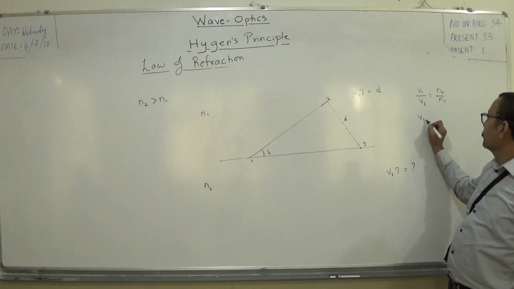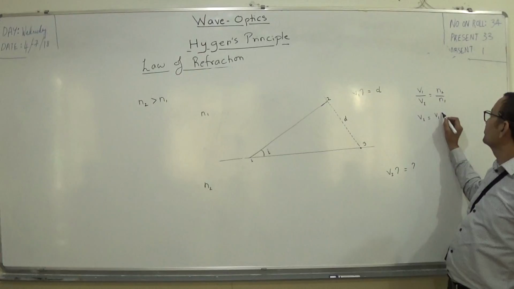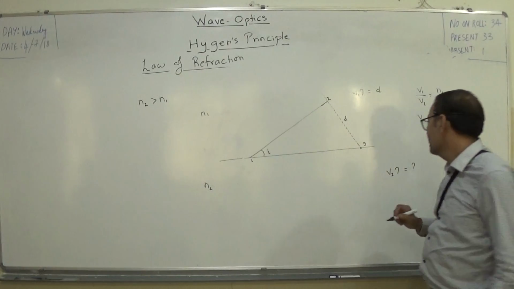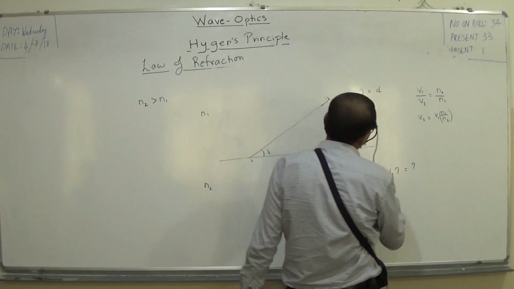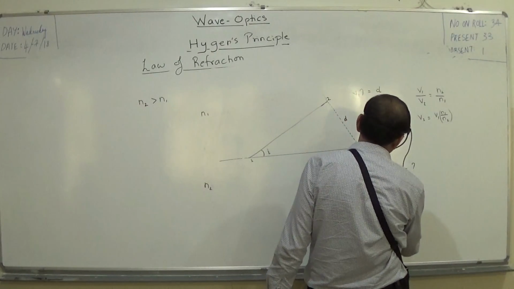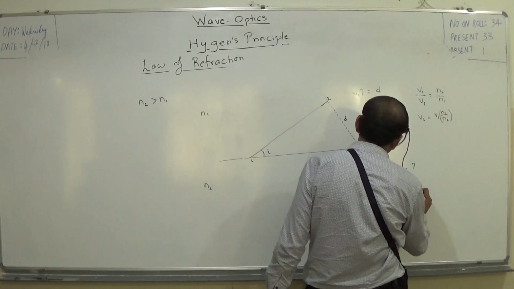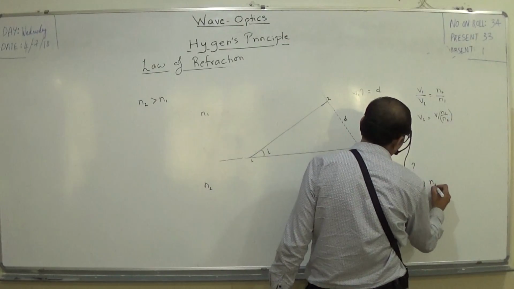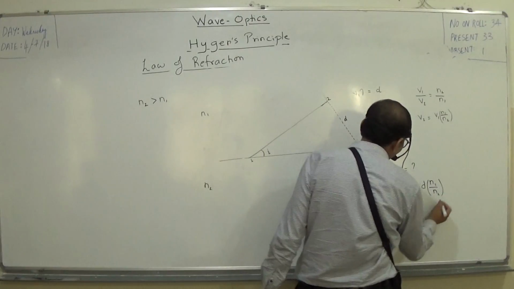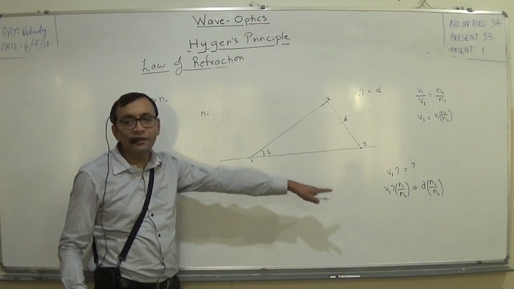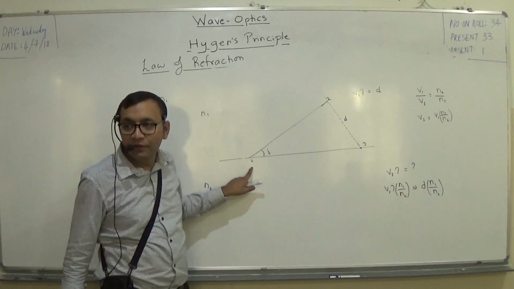So V2 is V1 times N1 by N2. So this becomes V1 tau N1 by N2 distance. V1 tau is D. So D times N1 by N2. So it is less than D, and I exactly know how much this point will travel.